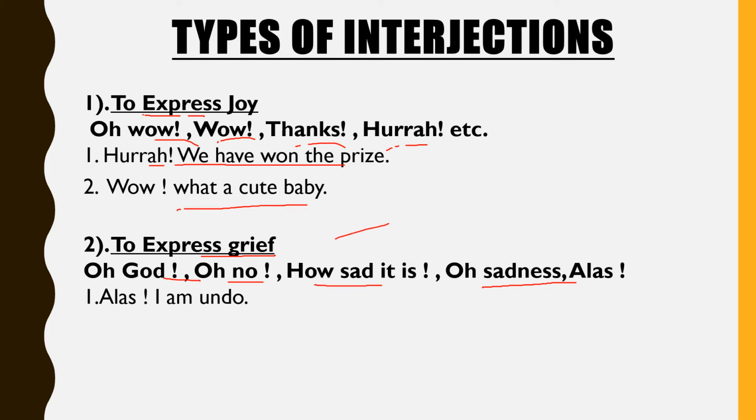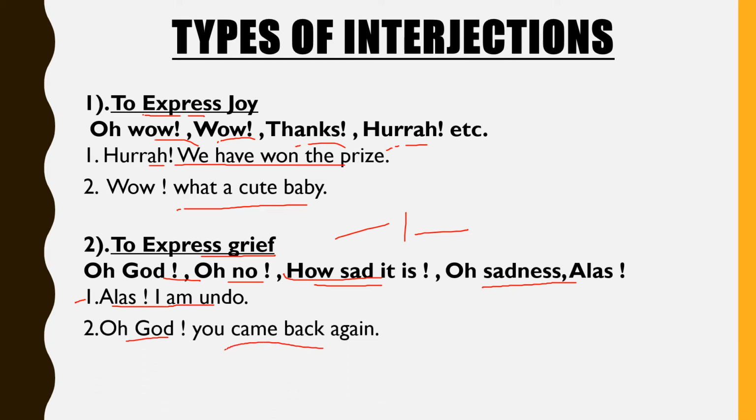These interjections can be in the form of one word as well as in the form of phrases. As I have already told you about phrases, this "oh, how sad it is" is a phrase. First sentence, "Alas, I am undone." One more sentence, "Oh God, you came back again." These express grief.